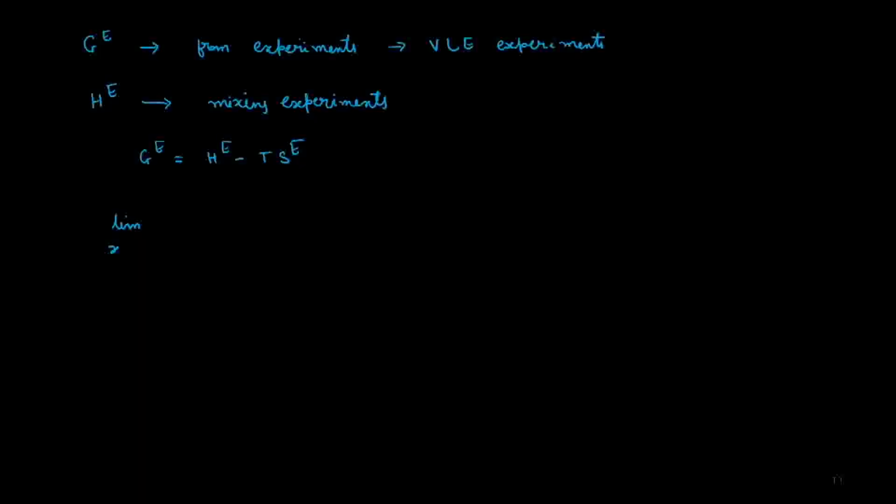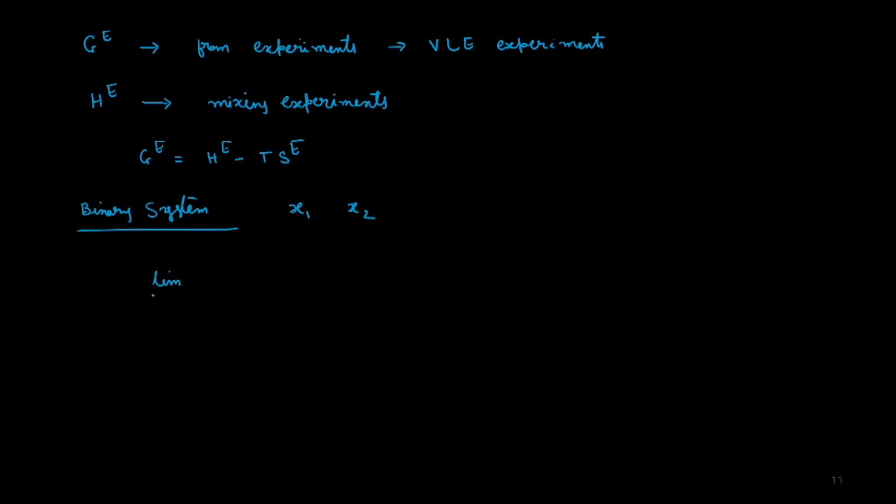How do these excess properties behave? Can we broadly talk about it? Let's consider a binary system for this discussion. We have two components, and the mole fractions of the two components are x1 and x2.